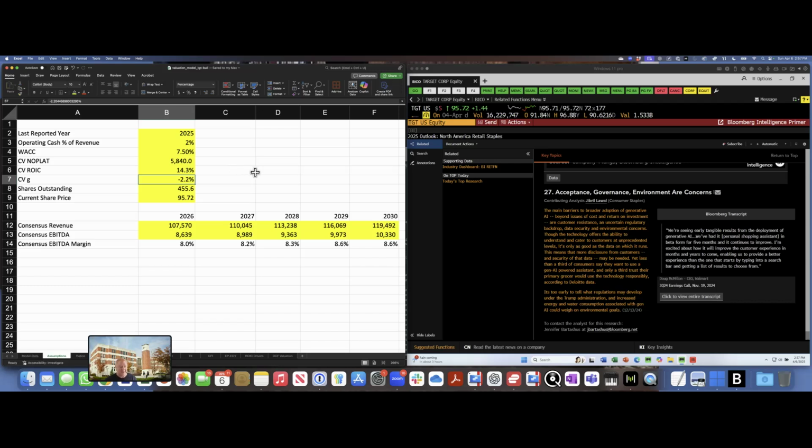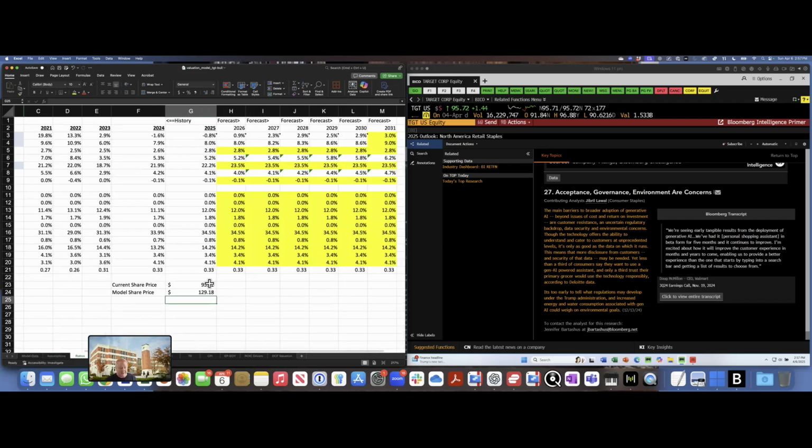Well, what would that mean? First of all, it means that Target is probably going to go back to growing closer to the economy. So instead of negative 2%, it would be more like a positive 2%, right? And I think that would be part of my bull scenario. By the way, that's a $130 share price.